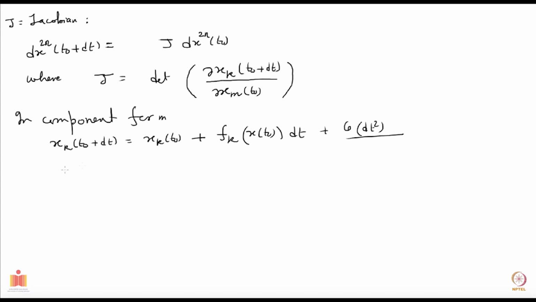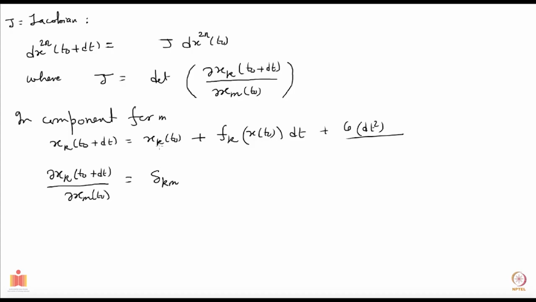Okay, so let us calculate this derivative, ∂x_k over ∂x_m at t0. Clearly this will give you delta_km. Unless k is equal to m, this guy is 0.